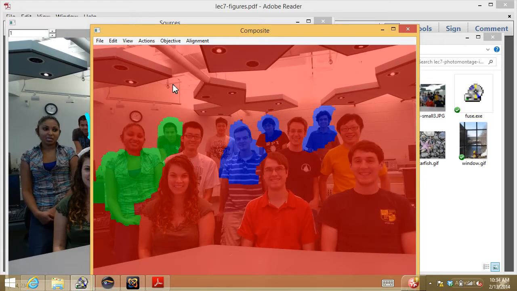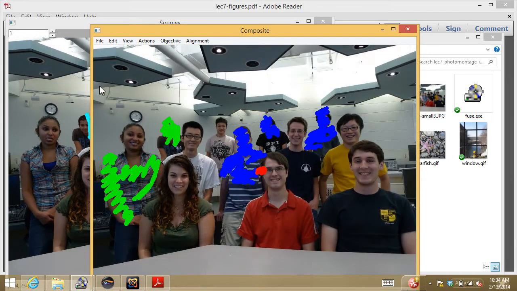Almost all the image turned out to be from the original red image, but I chose the head and the arms of this woman and the head of this guy from the green image, and I chose these heads and this head from the blue image, and this guy's arm came from the red image. So you can see this is the resulting choice, and these were the original strokes that I used to get there.